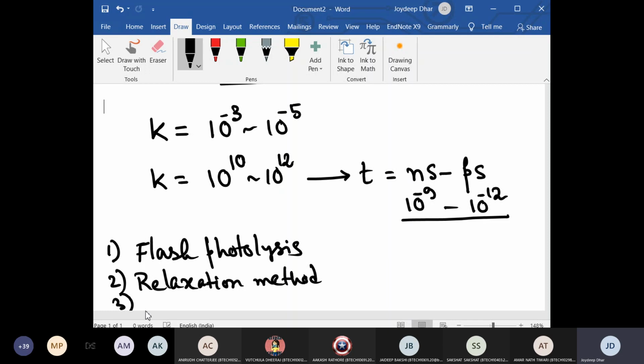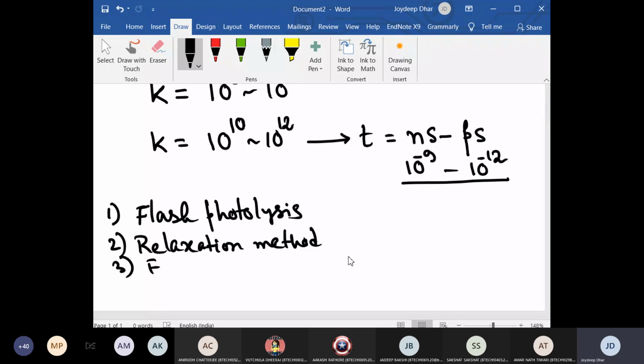These are advanced techniques which are used to study the fast reactions: flow technique and other methods are there, and I will discuss just in short flash photolysis because that is given.